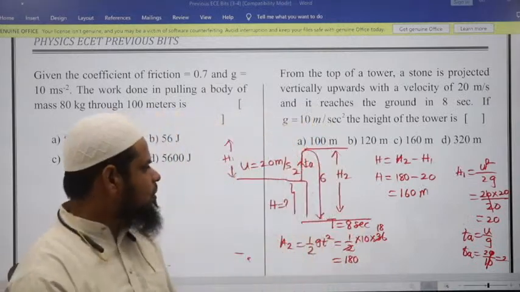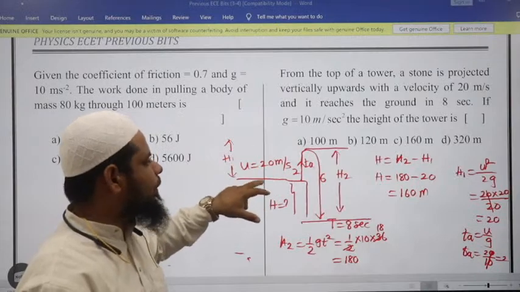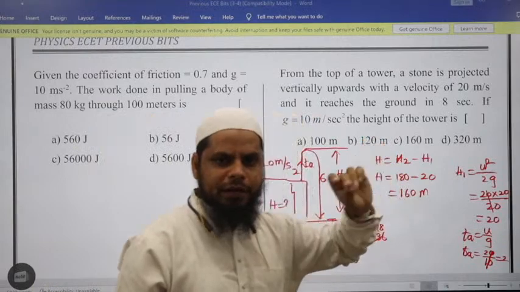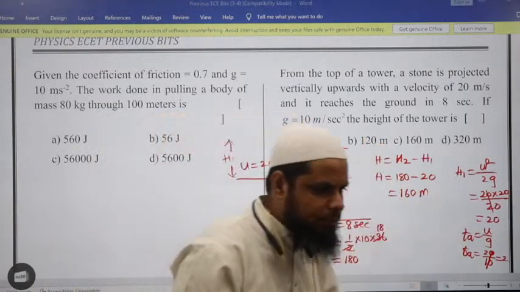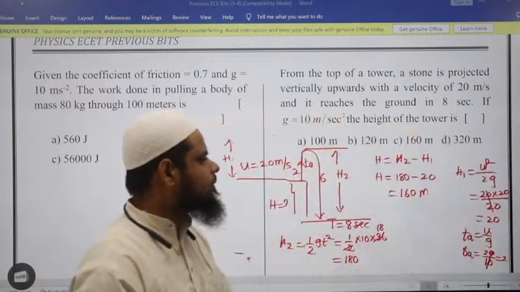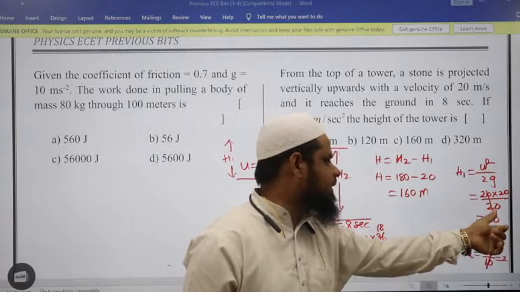Any doubt? First I found h1 using the formula u square by 2g, which you can find in a fraction of a second, 20.